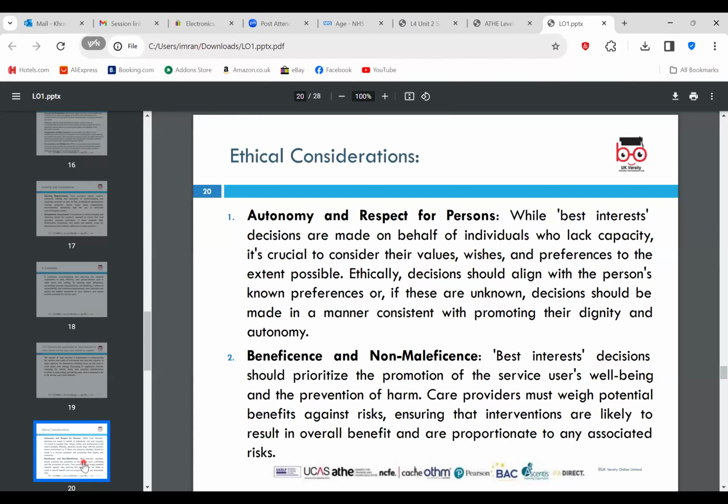There are then ethical decisions that would align with the person's own preferences, but they should all be in their own beneficence. Beneficence and non-maleficence are very important in ethics. So you would provide benefit to them, which is in their best interest, and avoid any harm, that is non-maleficence.